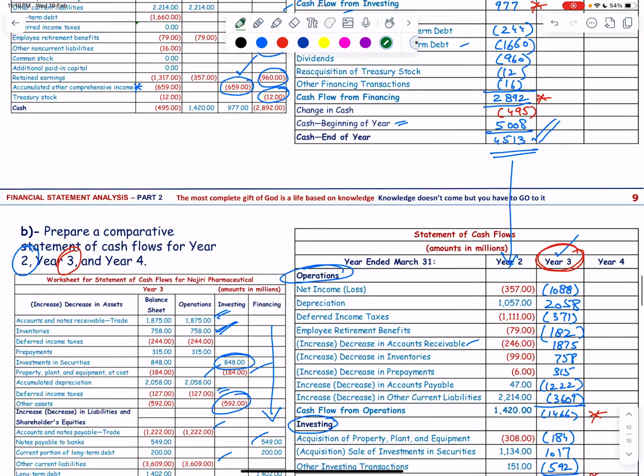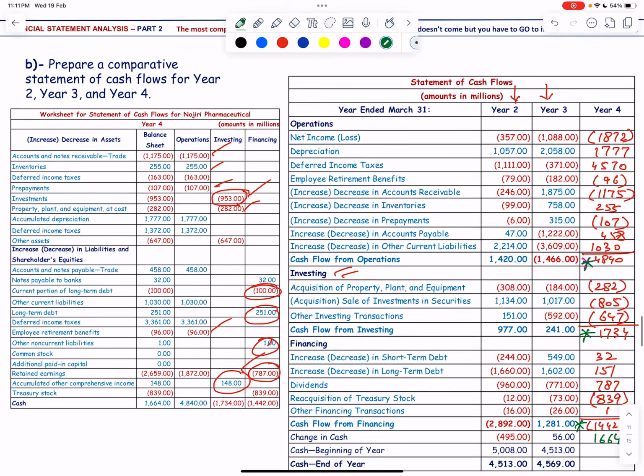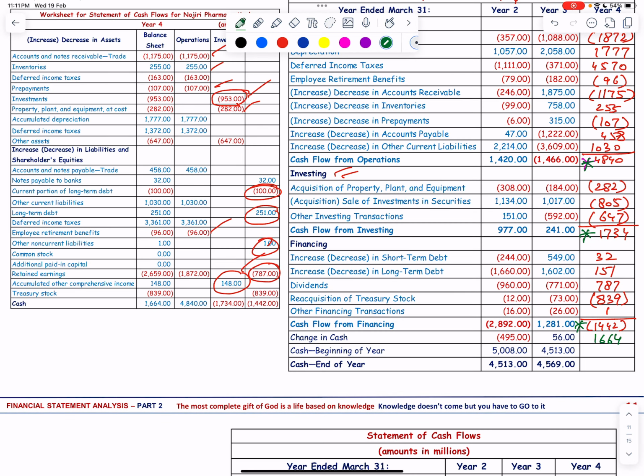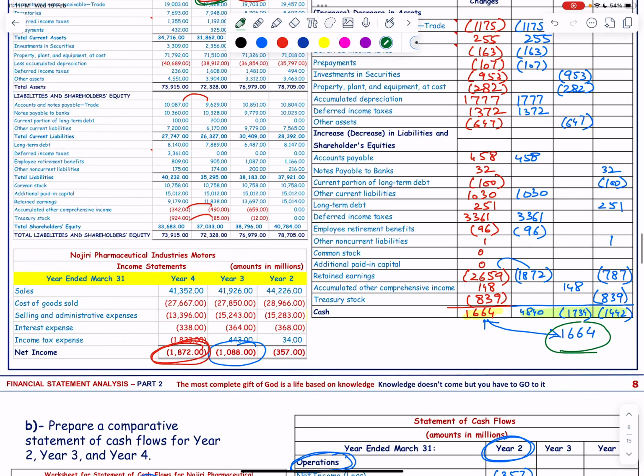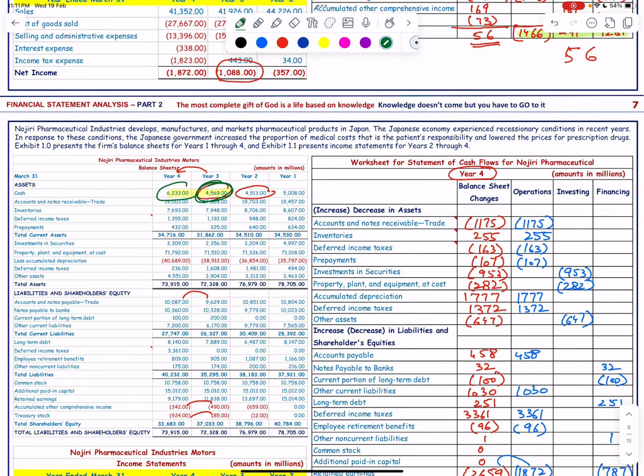So we have over here cash at the beginning 4569, and we add this up, this is 6233. And when you look at this value, this is the cash at the end of year number 4, and that is how it comes over here as 6233. That means we have made our calculations correctly.